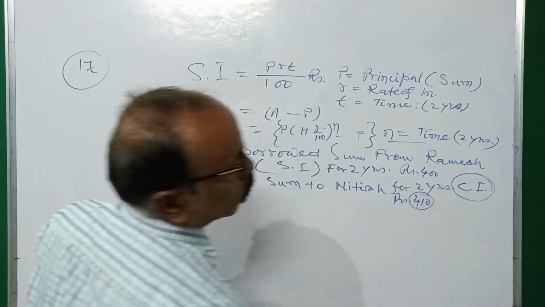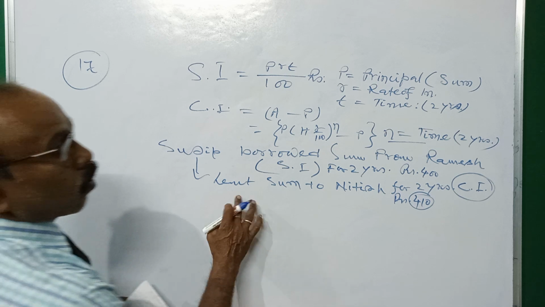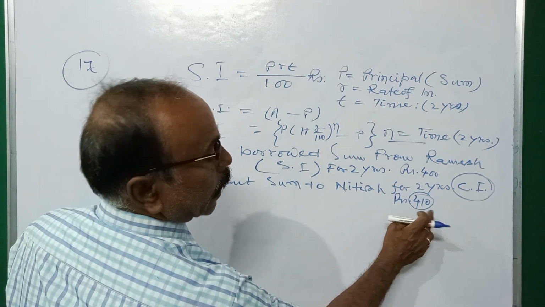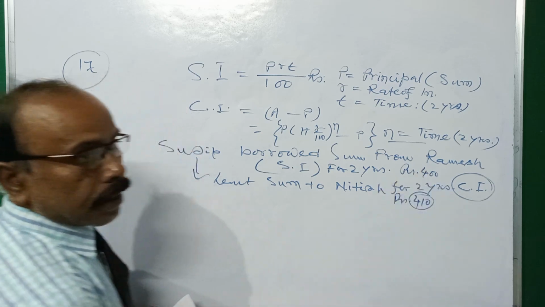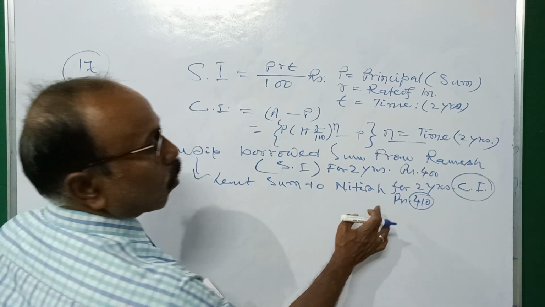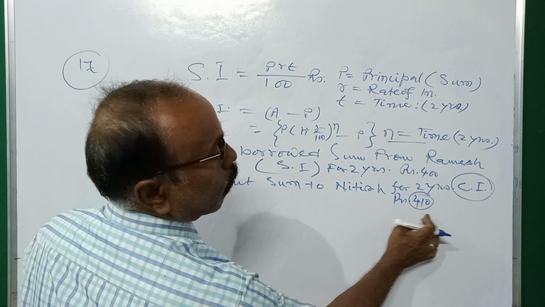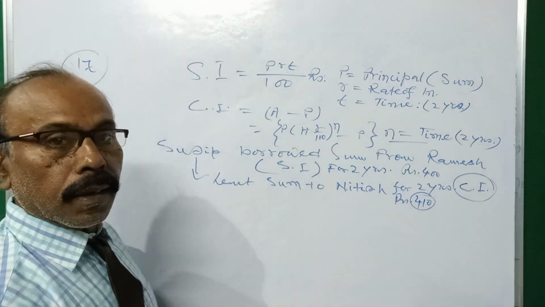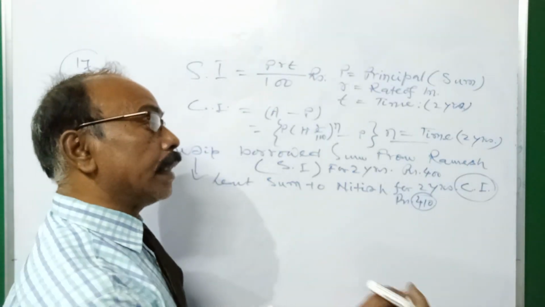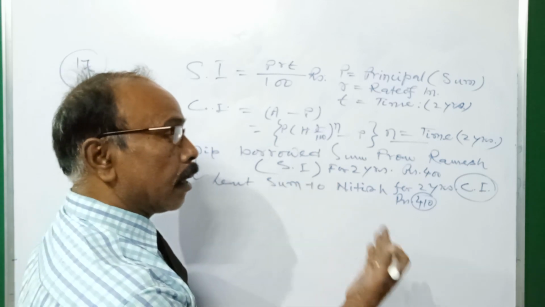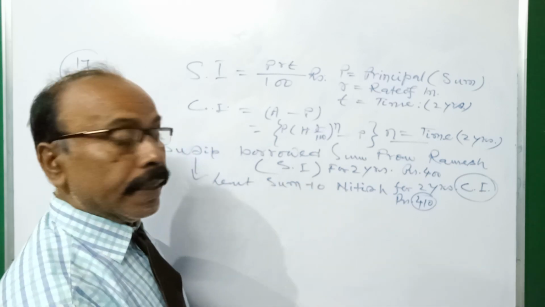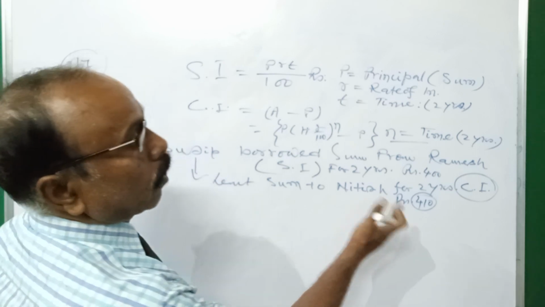410. My dear students, you see, as compound interest is 410, it is more than simple interest. What do you mean by compound interest? My dear students, interest when merged into the principal, and after merging the interest with the principal, next year the interest will be increased.